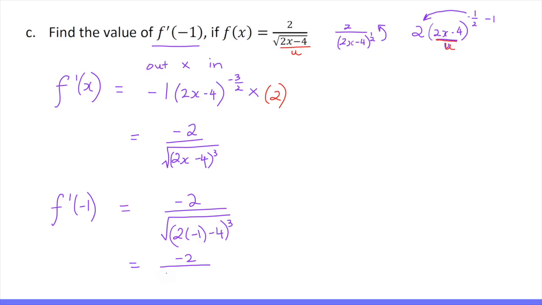Two times -1 is -2 minus another 4. -2 minus 4 is -6, which can be rewritten as the square root of -6 cubed. Now the issue is you can't actually take the square root of a negative number, and so this function is undefined at -1.